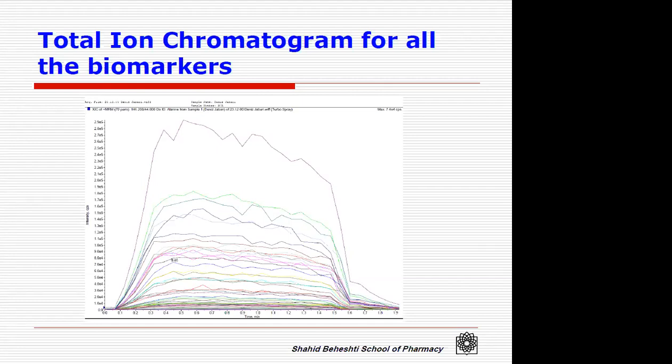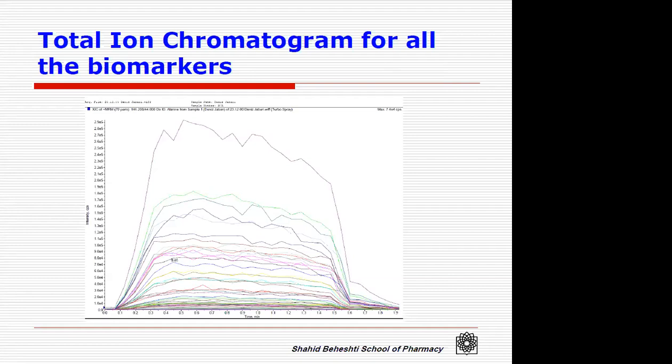For instance, we have natural phenylalanine in the dry blood spot, but the methanol solution that we use for extraction contains a certain amount of labeled phenylalanine as well. That goes for all the biomarkers.